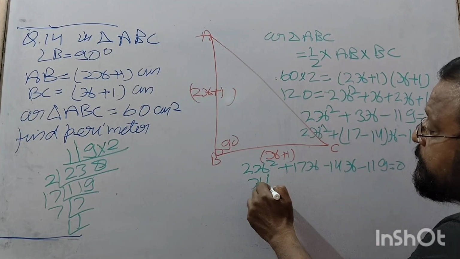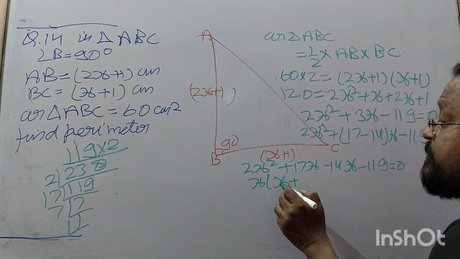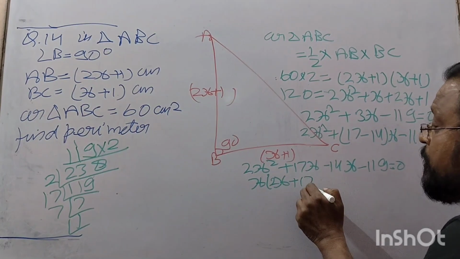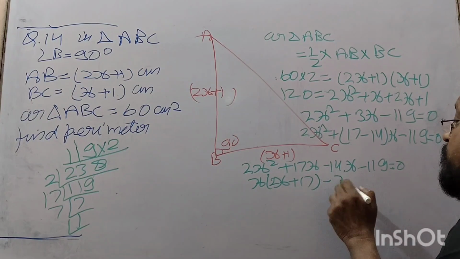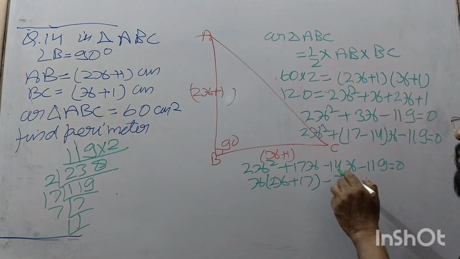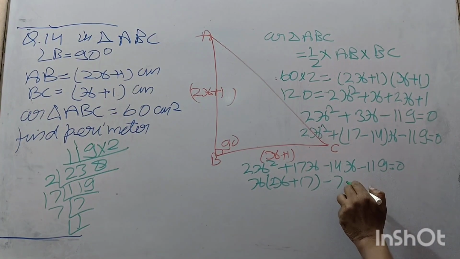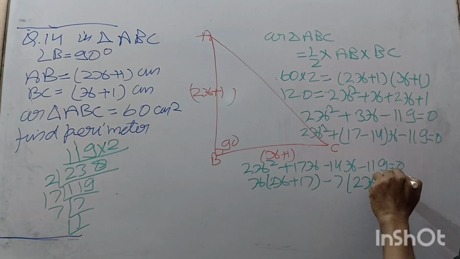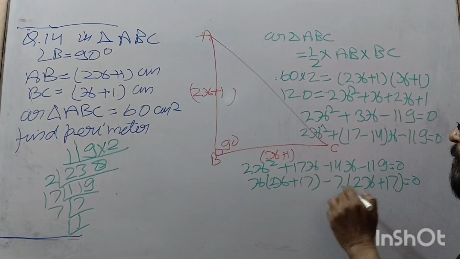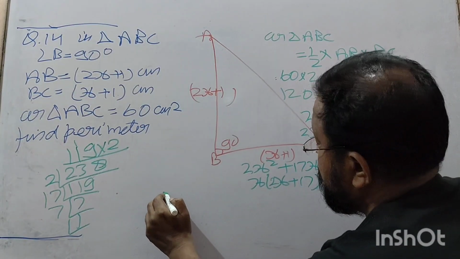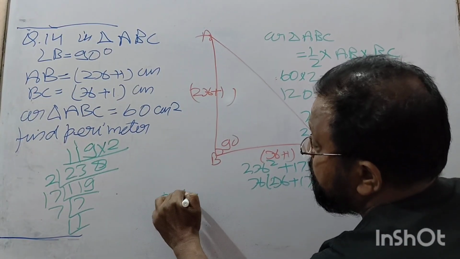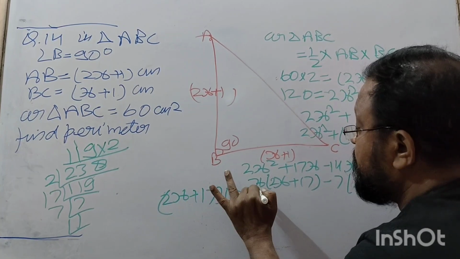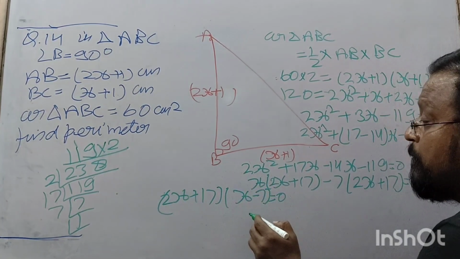Taking x as common, x(2x plus 17), minus 7 as common, we get 7(2x plus 17). So (2x plus 17)(x minus 7) is equal to 0.